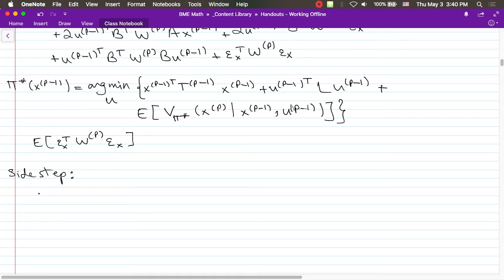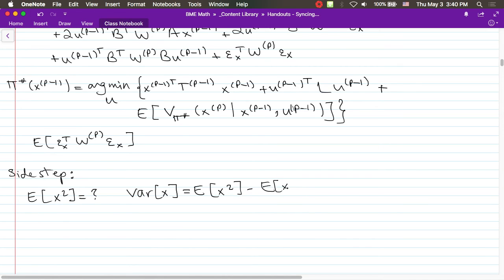So let's look at what happens when we want to find the expected value of a squared random variable. For example, what's the expected value of x squared? Well, what you do is you say, what's the variance of x? Variance of x is the expected value of x squared minus the expected value of x, quantity squared.